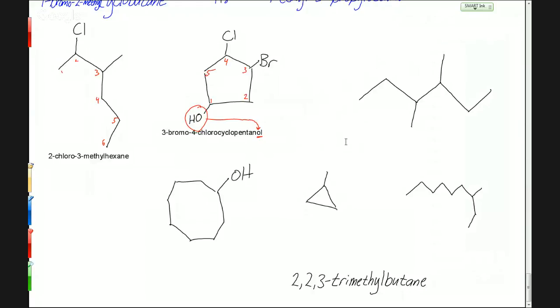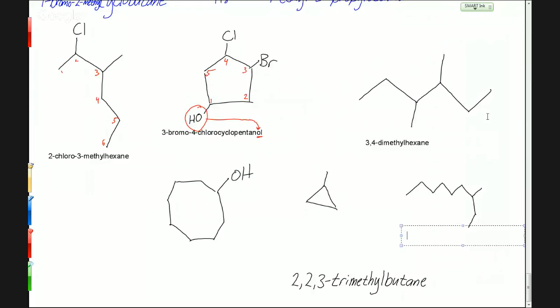All right, let's look at these next couple. What do we have here? What do you name this one? Right, 3,4-dimethyl hexane. Let's jump down here. Yeah, 7 or 9?